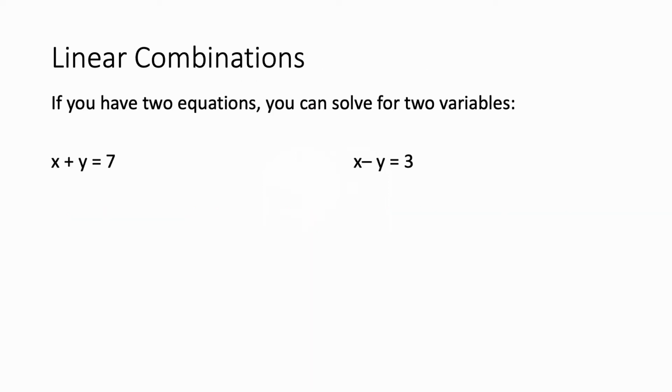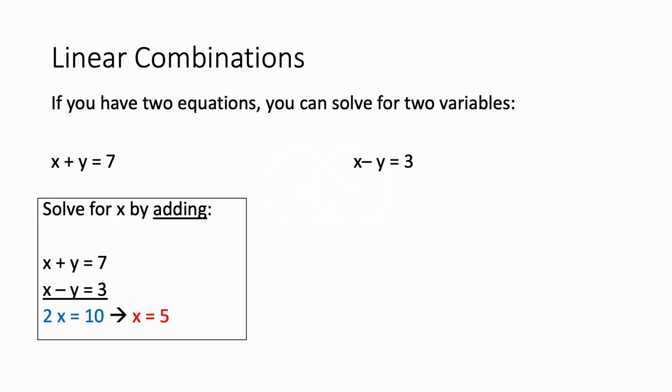So if you think back to when you did algebra, they talked about how if you have two variables, you need to have two equations. So I've thrown something up that has two variables, x and y, and we have two equations with x and y. And in order to find the solutions for these variables, you would basically combine them in two different ways.